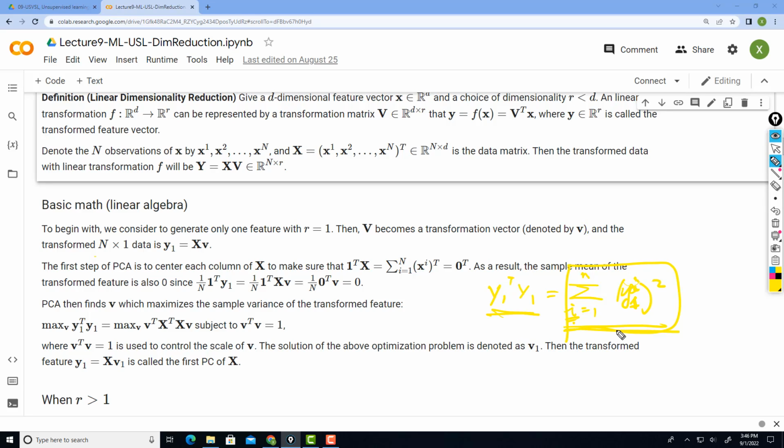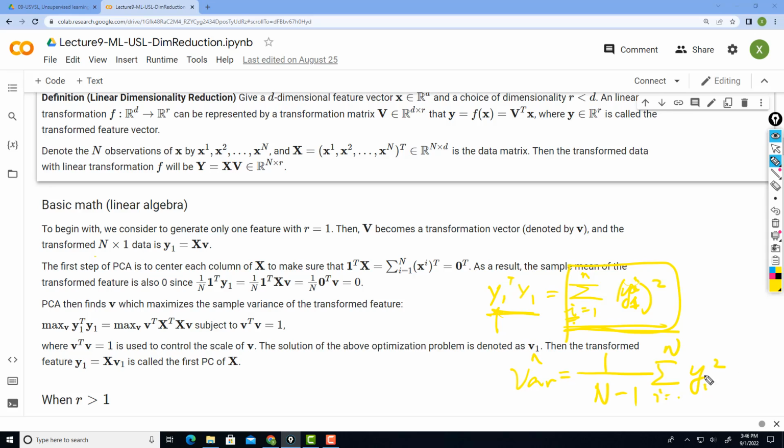If you know how to estimate the variance of the corresponding random variable y, when we are estimating the sample variance given the observed samples, the estimate is typically 1 over n minus 1 times the sum of y_i squared, i equal to 1 to n.